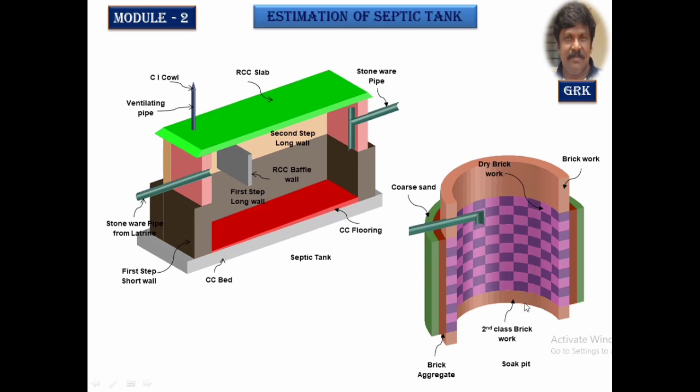The brickwork at the top and bottom is solid, with a dry brickwork all round, brick bats or aggregates all round this dry brickwork, and this is the coarse sand. I have shown it in a solid way. It is sand, you must know the porosity of that. Now, before going into the problem, let us go to the AutoCAD session.